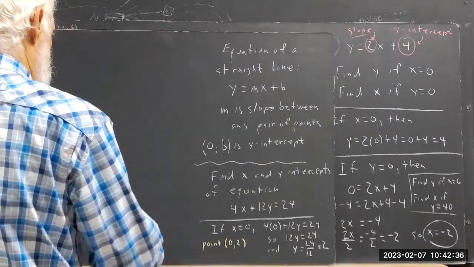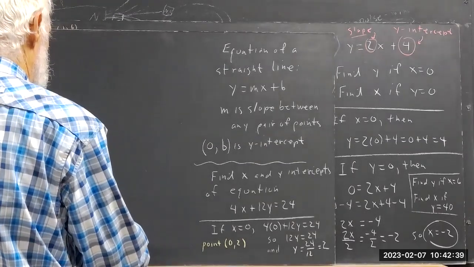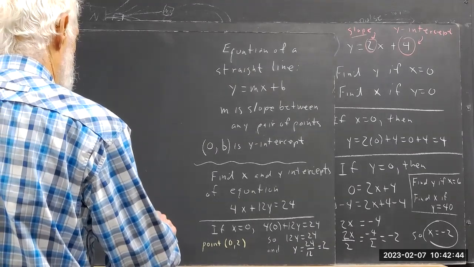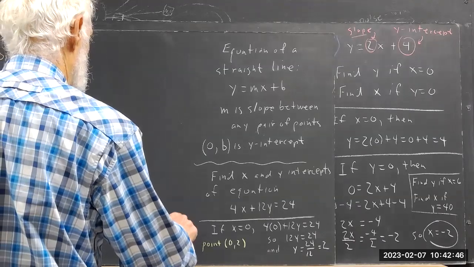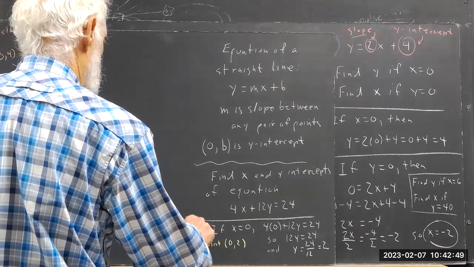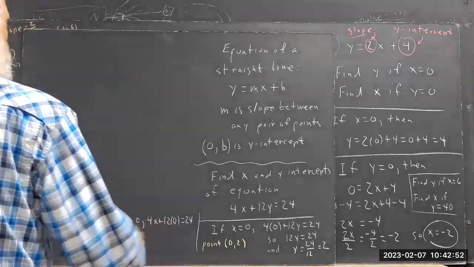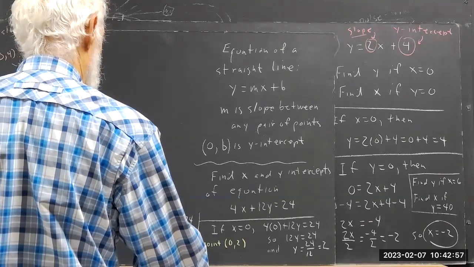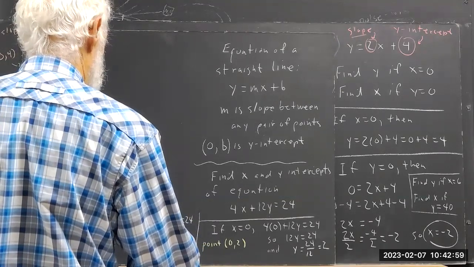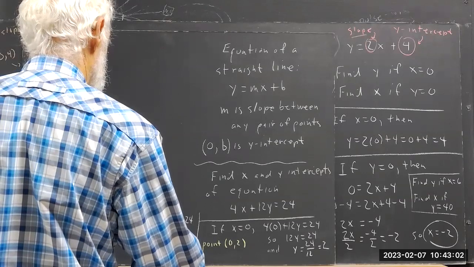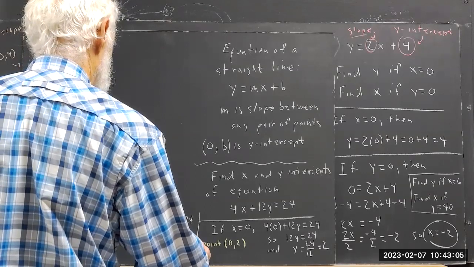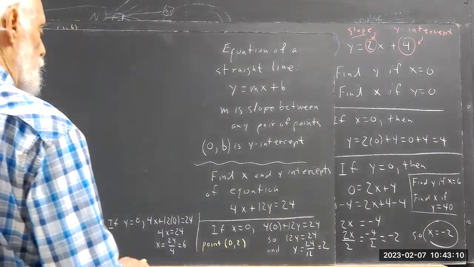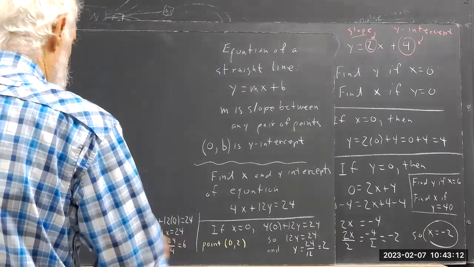Okay. Now, if y equals 0, we get 4x plus 12 times 0 equals 24, so 4x is 24. So x is 24 over 4, which is 6. And now we have the point, y is 0, x is 6.